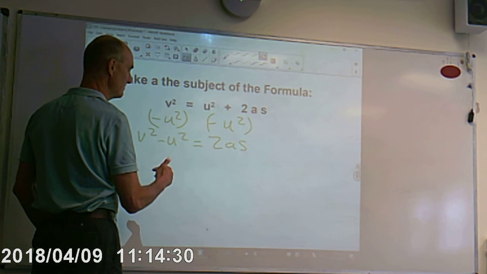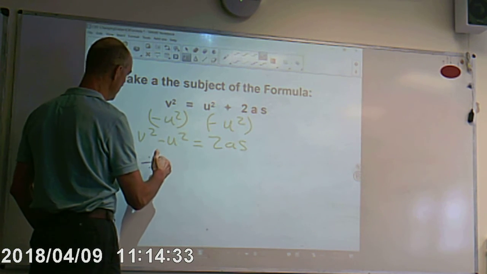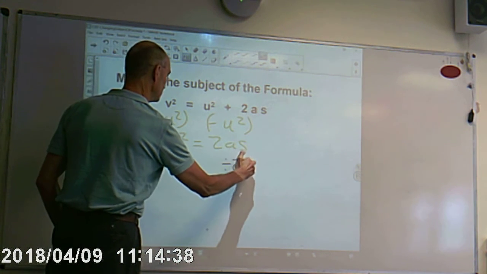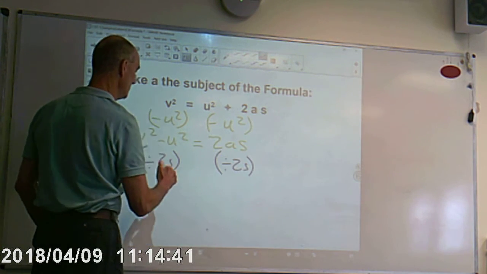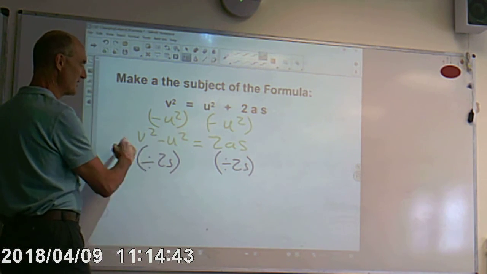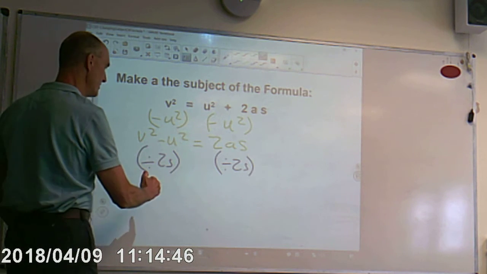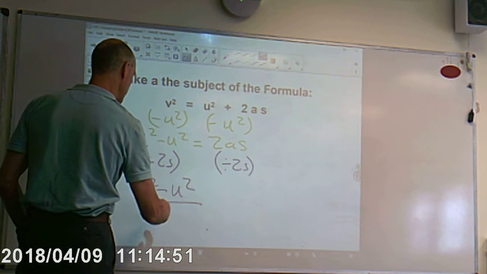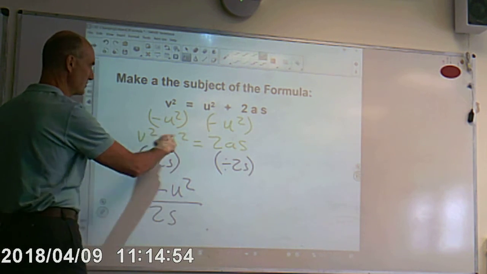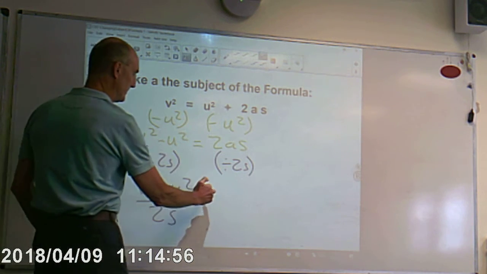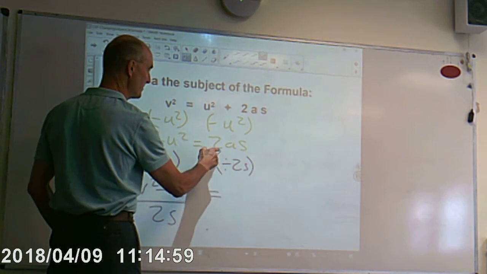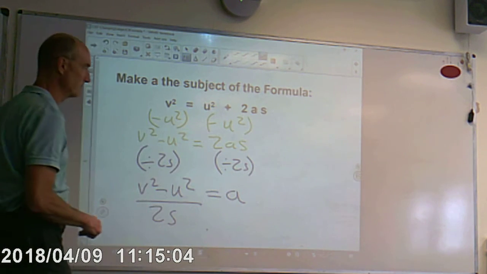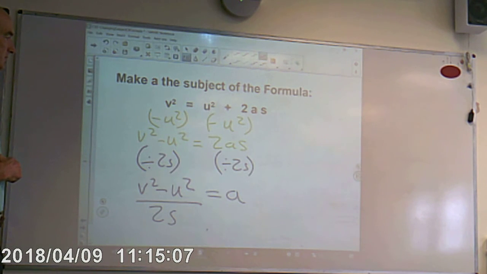So we divide both sides, it's got to be both sides, by 2s. So that means v squared minus u squared, all divided by 2s. The whole of that side's got to be divided by 2s. If you divide the right hand side by 2 and an s, it just leaves us with the A. And that's the job done.